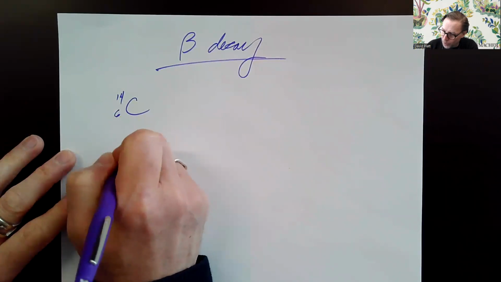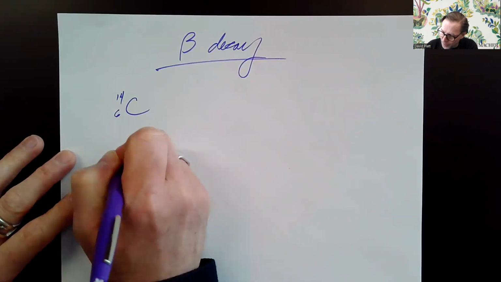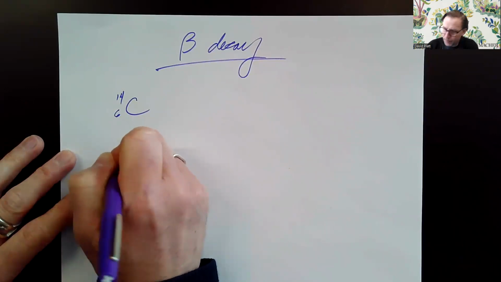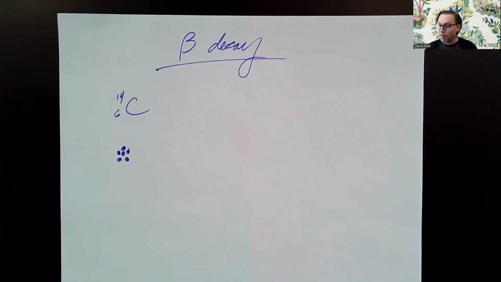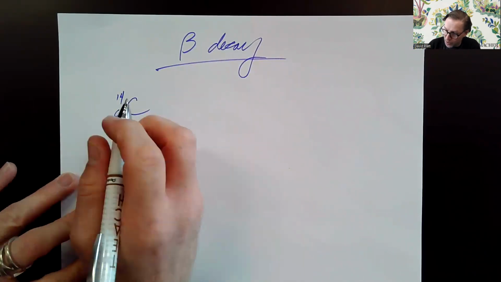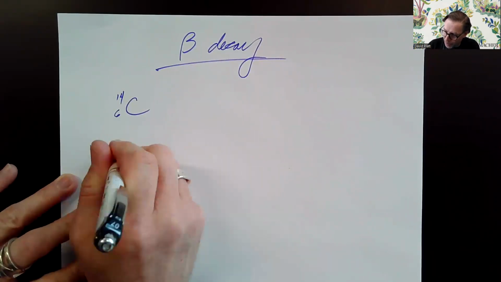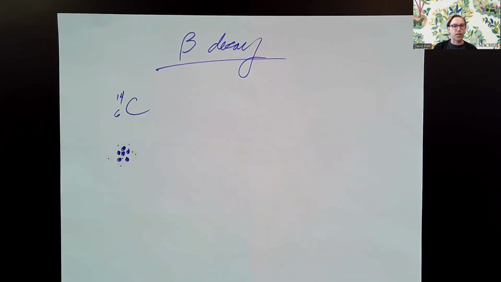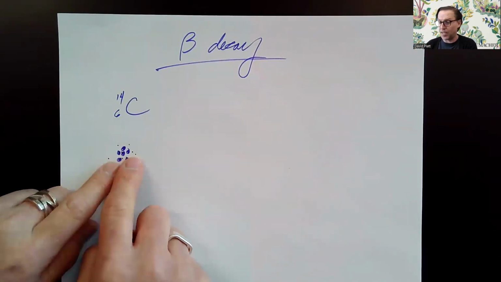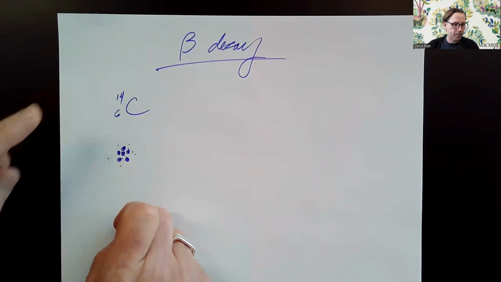It has 1, 2, 3, 4, 5, 6 protons. And then if it's carbon-14, 6 plus 8 is 14. So there's 1, 2, 3, 4, 5, 6, 7, 8 neutrons. 6 and 8 is 14. So there are 14 things in here. There are 14 nucleons, hence carbon-14.